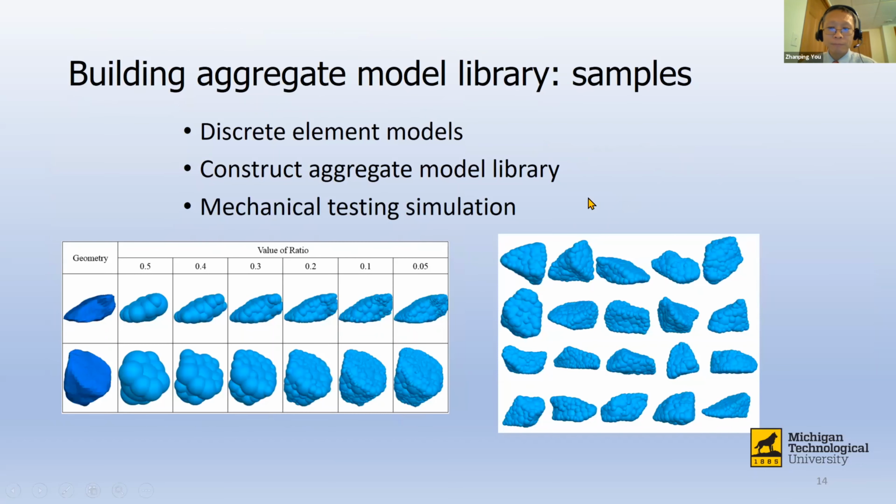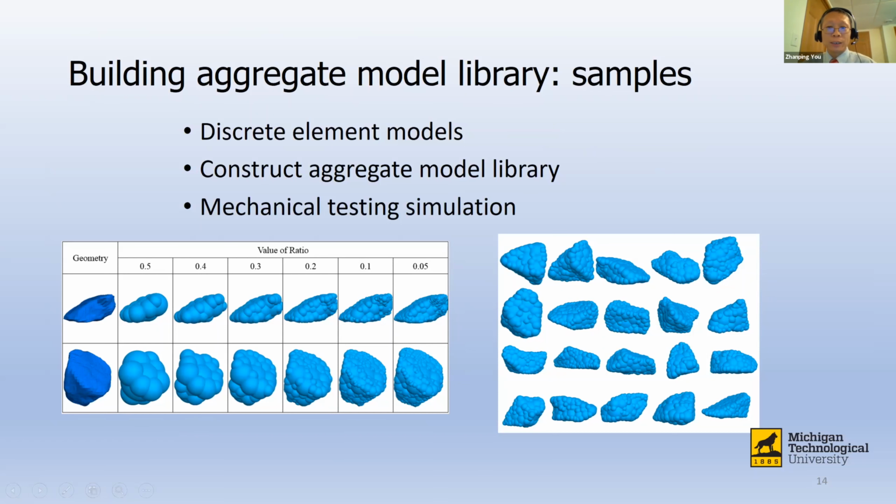With a similar process, we can process the aggregate models and make that one even more powerful. We can generate aggregates like the images you can see on the left-hand side here, and we can also improve the accuracy of the models.